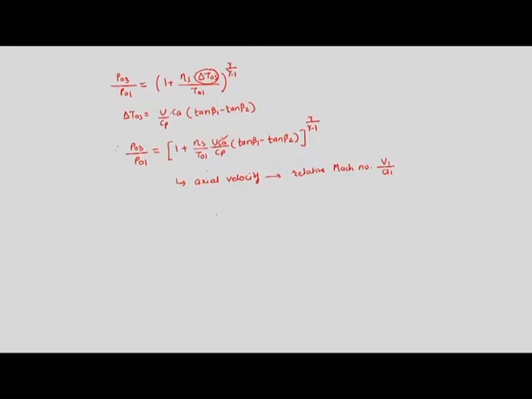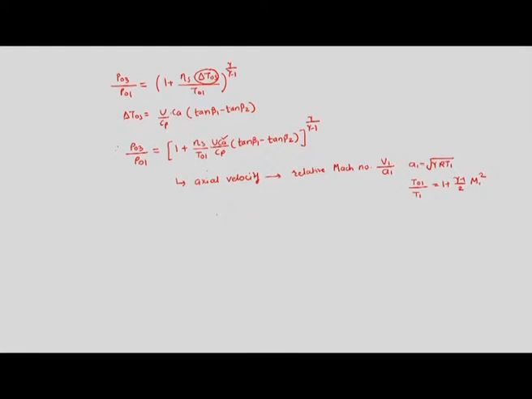So we basically need to find out what A1 is. We know that A1 for a gas is equal to the square root of gamma R T1. Then we should know what T1 is. We know the formula T01 upon T1 is equal to 1 plus gamma minus 1 by 2 M1 square.